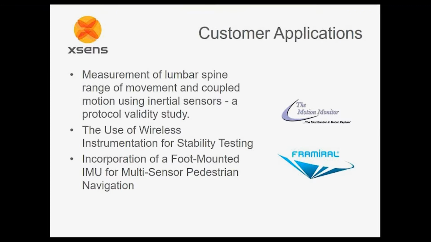These are just a couple of the papers that have been published using the MTw Awinda platform, and you can see a variety of other papers on our website as well. We also have the Motion Monitor and Fremorel, companies that have taken our MTw system to the next step and use it for motion analysis.